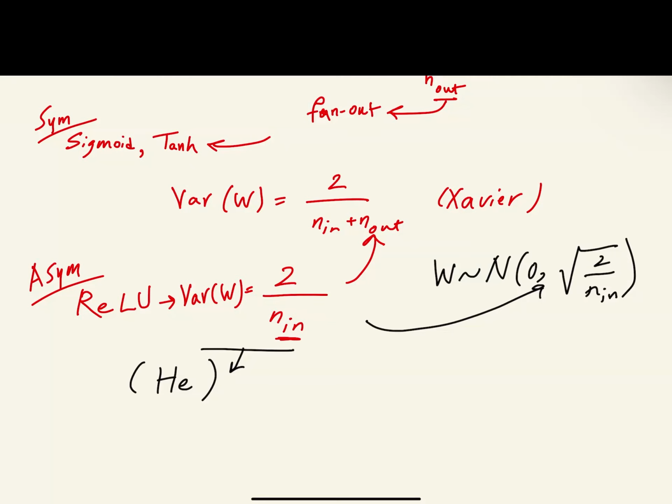So to summarize, it's very important to ensure that the energy of the signal and its variance does not die out or explode as it travels through the network. You will see that PyTorch, for example, a modern framework, will use these methods when it initializes the weights of the neural network.